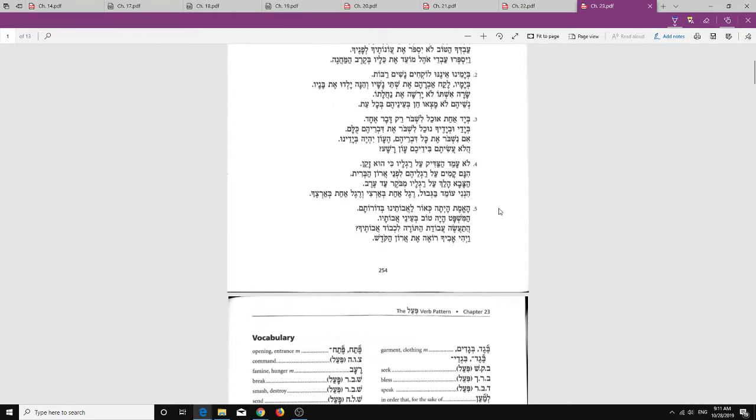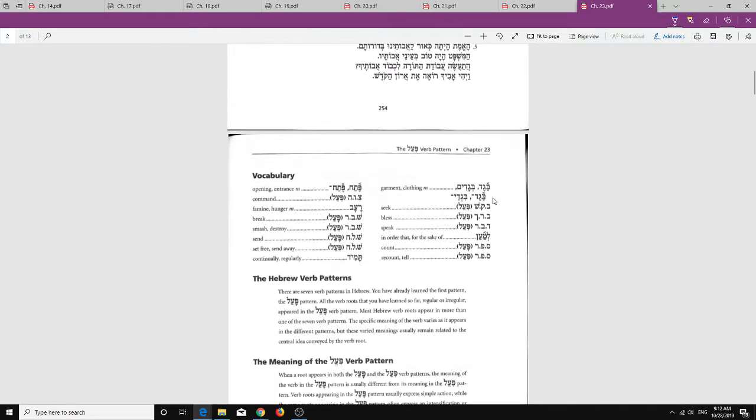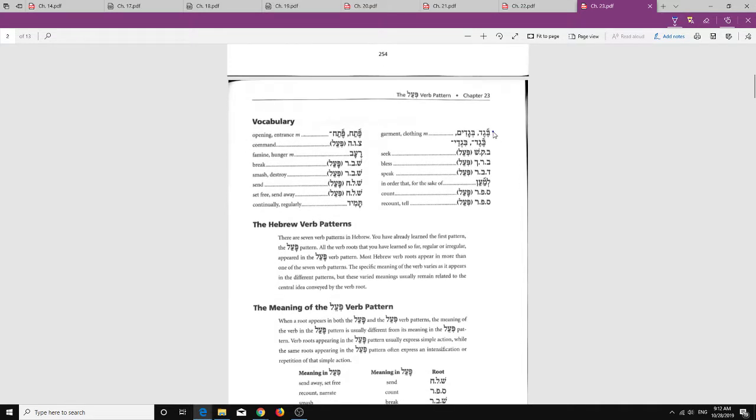Okay, let's move on to the vocab. First we have beged, begadim, beged, which is garment or clothing. Next we have bikesh, which means to seek.